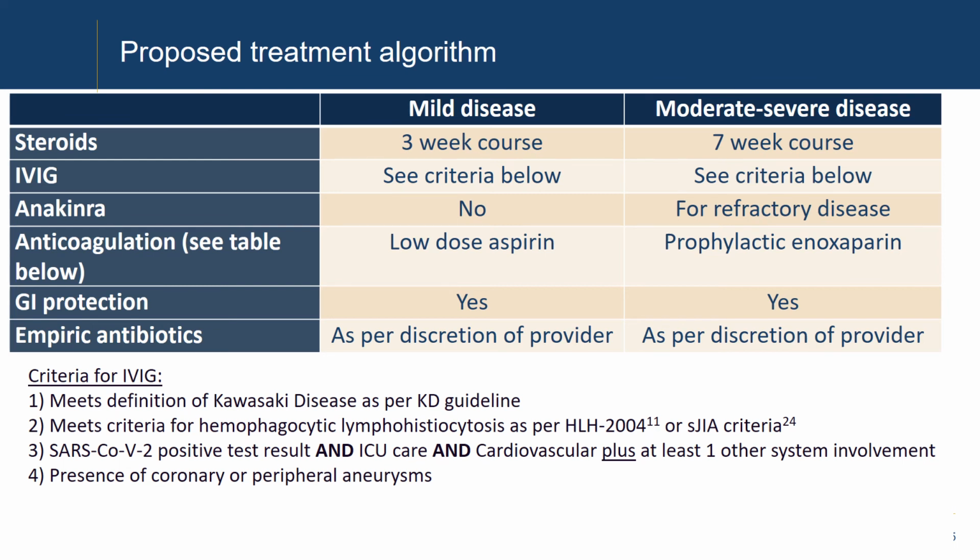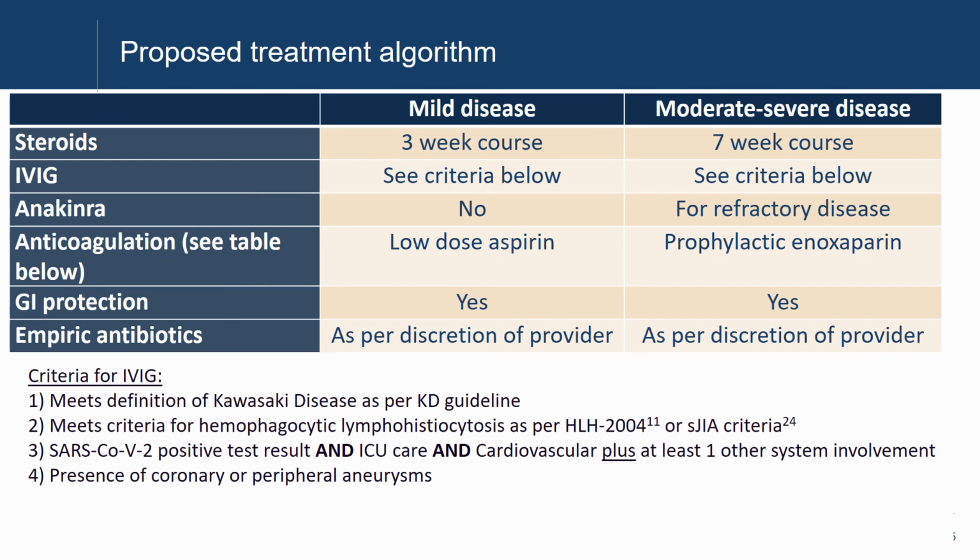Not all of the patients are going to be treated with IVIG, so we've come up with specific criteria. If they meet the definition of Kawasaki disease, we feel strongly that they should be treated with IVIG. If they meet criteria for HLH, we also believe that they should be treated with IVIG, and that is per the protocol that's often used by rheumatology for patients with secondary HLH. If they otherwise do not meet the criteria for Kawasaki disease or HLH, we also believe they should be treated with IVIG if they have moderate to severe disease and cardiovascular involvement.